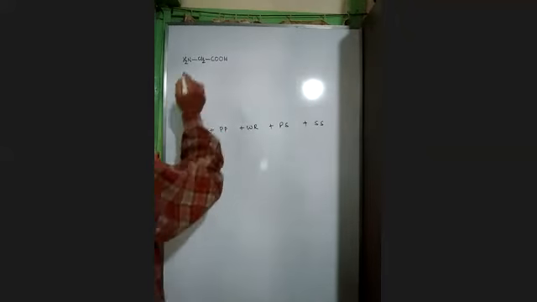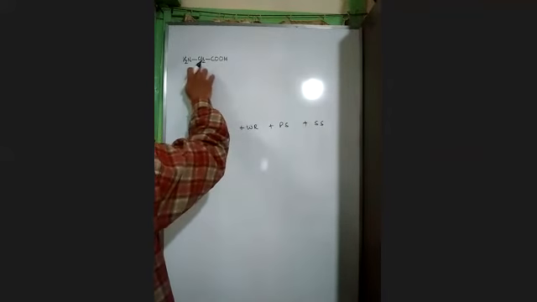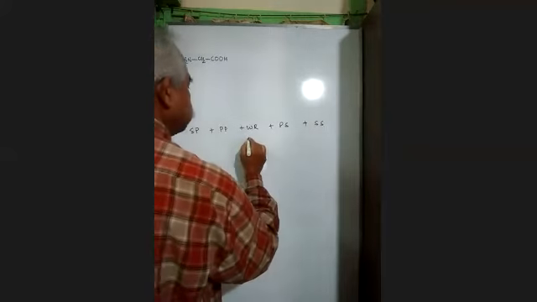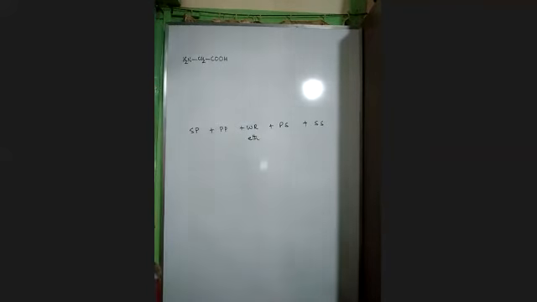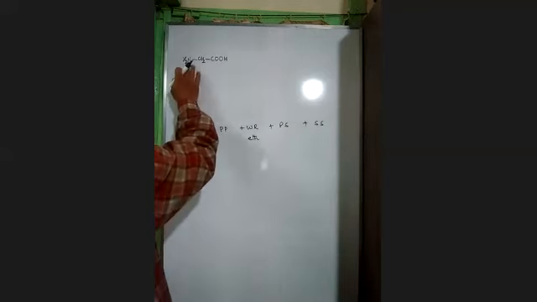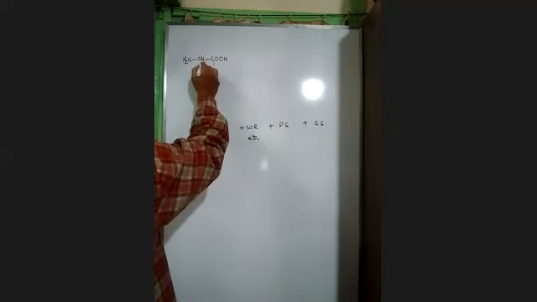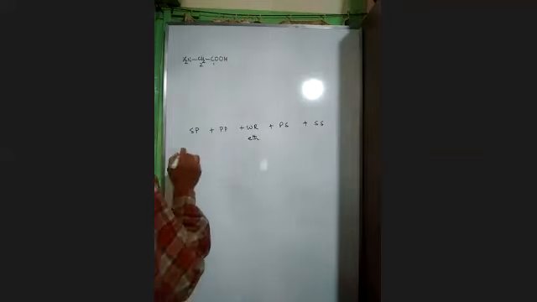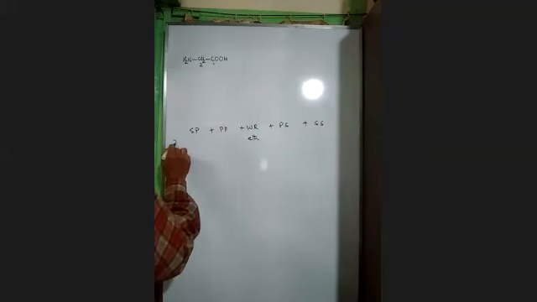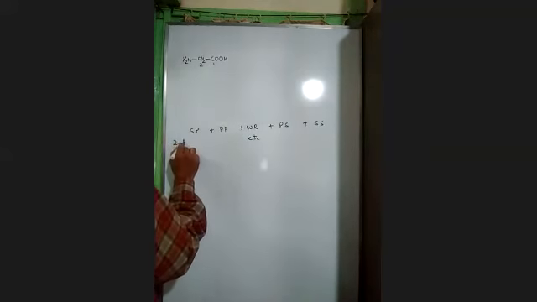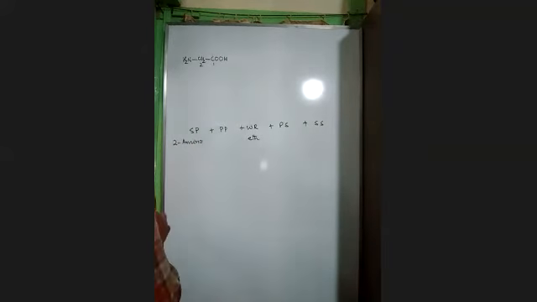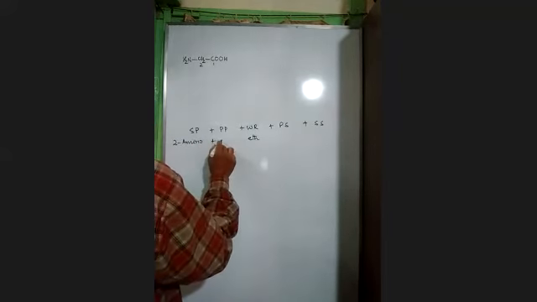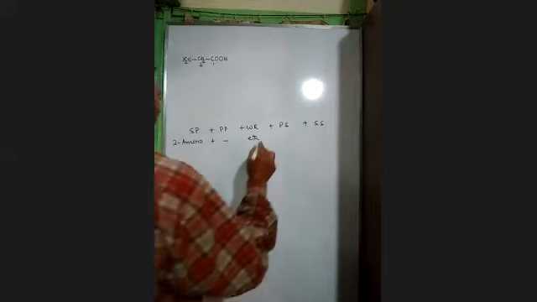Now, how many carbons does it have? 2. ETH. Then this is on the second carbon. So what should I write here? 2-amino.